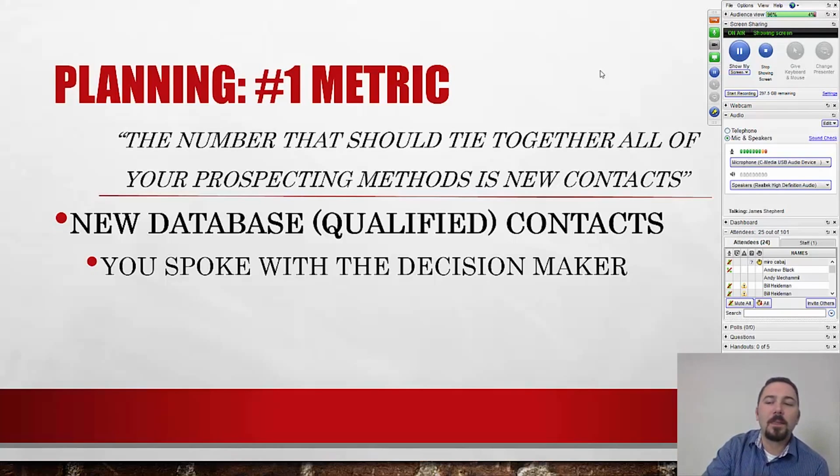Now, just to be clear, if I walk into a store and the person gives me the boot, I'm still going to put that into my database. So everybody goes in the database, because it's good to know if somebody's not interested as much as it is if they are interested when you're getting back out in the field the next time. But as far as your planning phase, you need to understand what a qualified contact actually is.